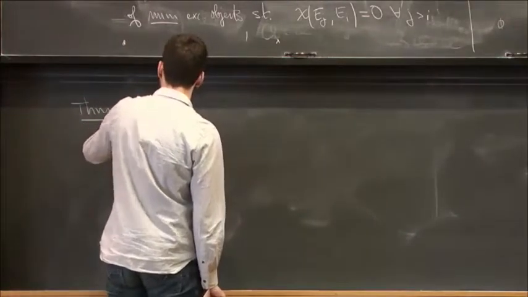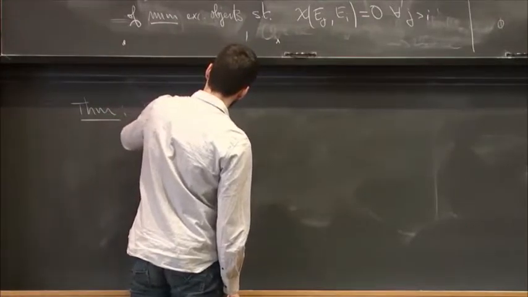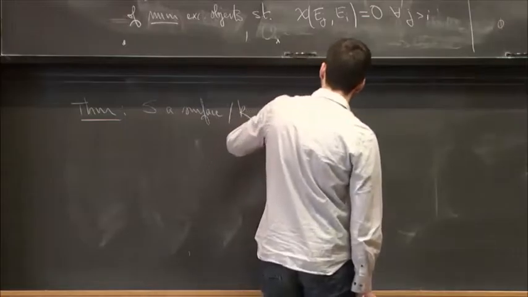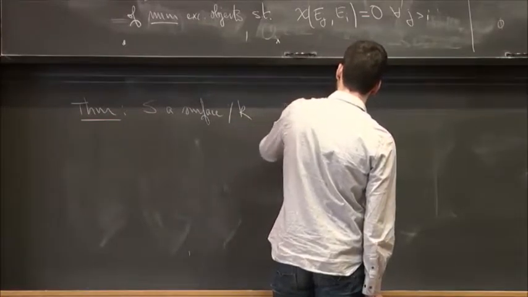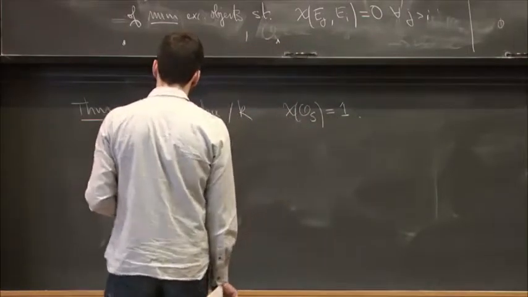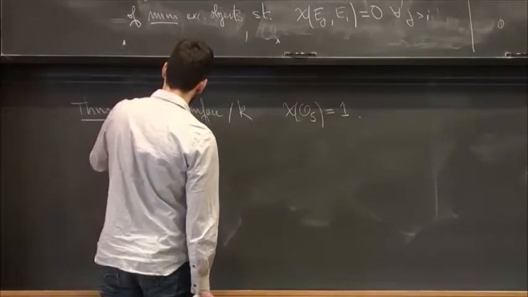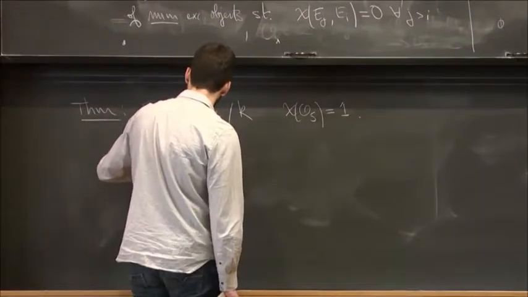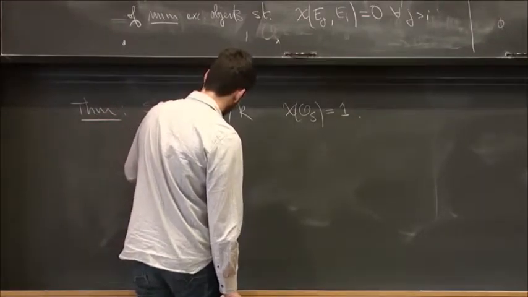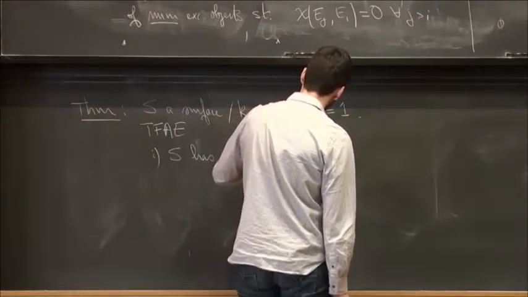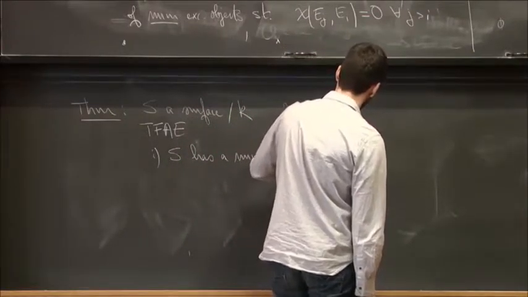We start with S, a smooth projective surface over the field K, and we assume that chi of O_S is equal to 1. Then the following are equivalent. The first one is S has a numerically exceptional collection of maximal length.